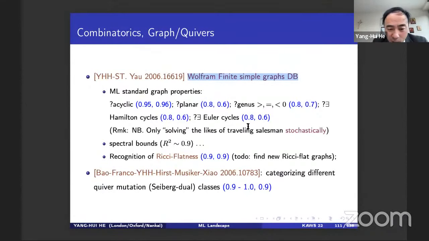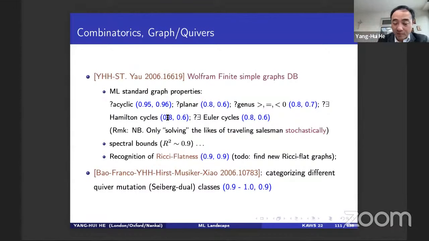The one I want to emphasize here is interesting, right? Which is the problem of Hamilton cycle versus Euler cycle problems in combinatorics. So a Hamilton cycle in a finite graph is a cycle which traverses each vertex exactly once. An Euler cycle is one that traverses each edge exactly once. So the Euler cycle problem is the bridges of Königsberg problem.